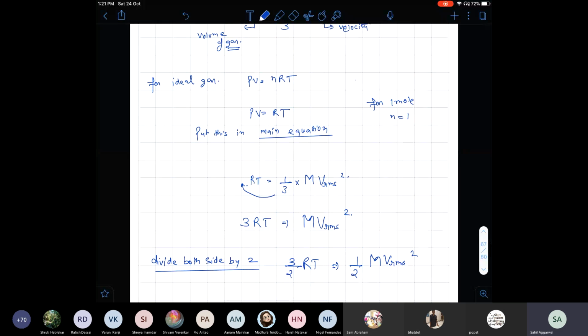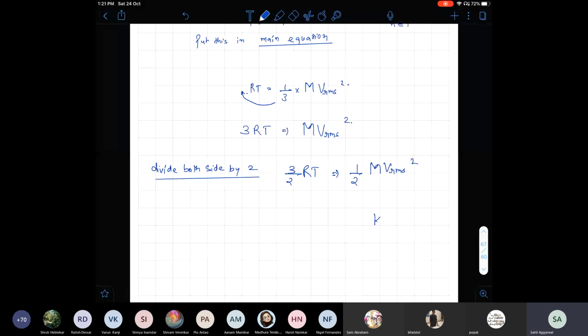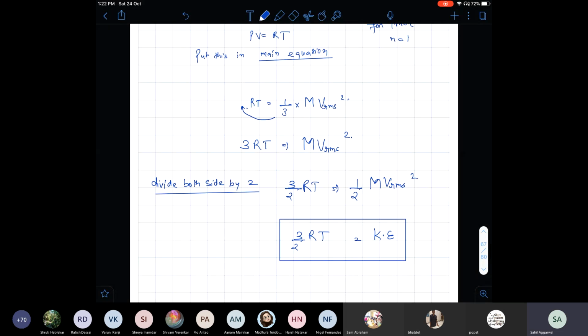What is 1/2 mv square? Kinetic energy. So kinetic energy is equal to 3 by 2 RT. Understood? This is per mole.